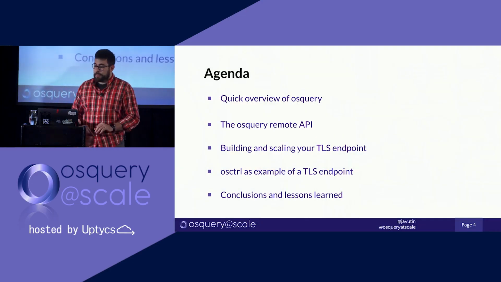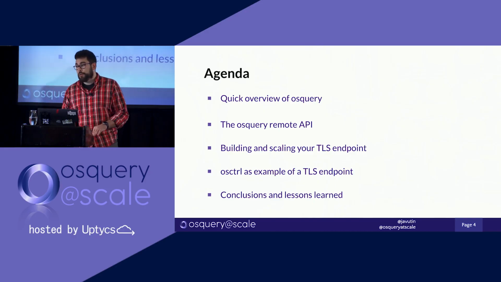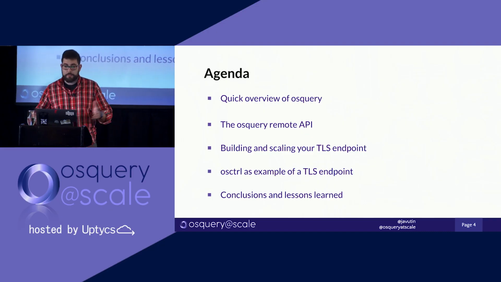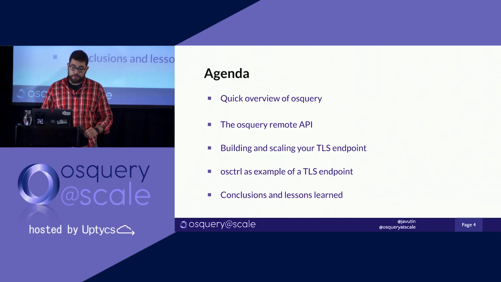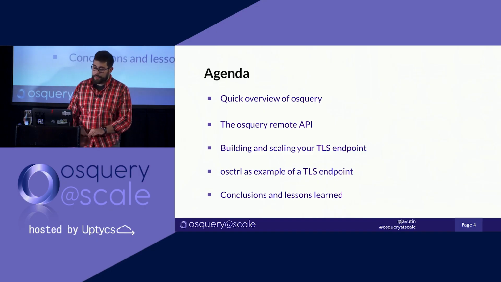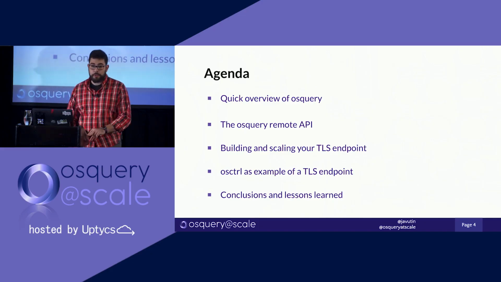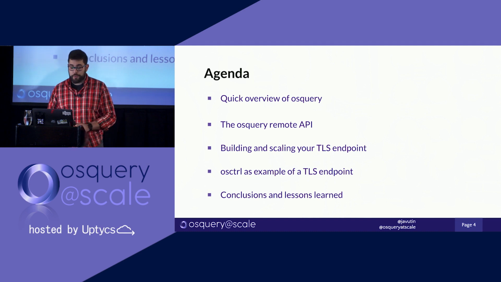So the title of the presentation is Building or Scaling osquery using pure open source technology. And that can be so many things. I presume that most of you know and have used osquery, but I'm still going to do a quick overview of osquery.